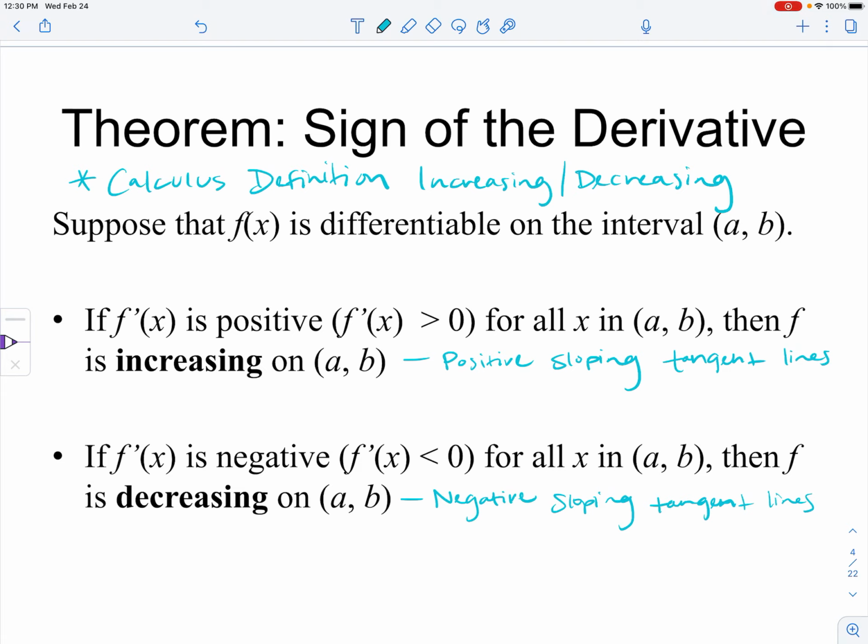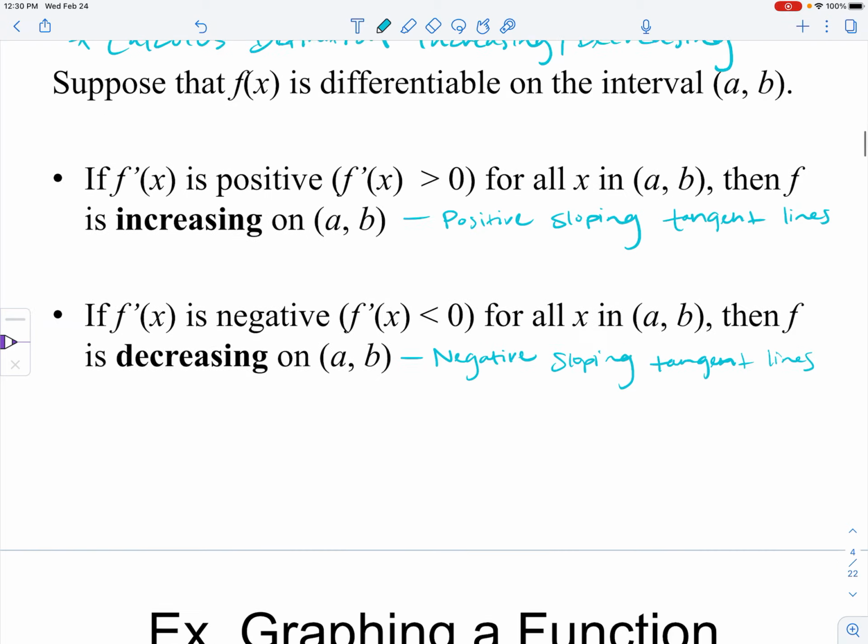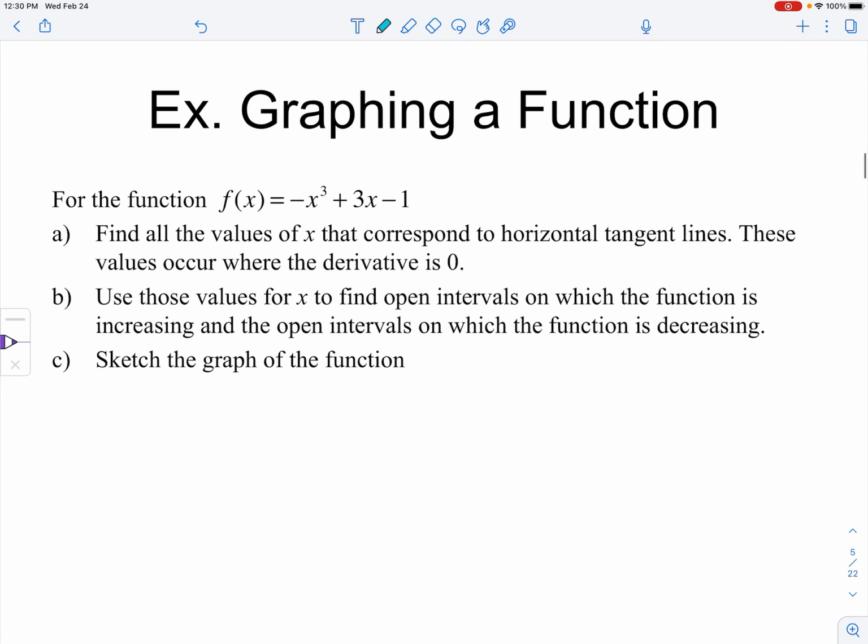And we'll fall back on our pre-calc definition of increasing or decreasing there. But sometimes, and we've studied different functions before, where I've asked you to identify where a horizontal tangent line is, the function might actually change from increasing to decreasing or decreasing to increasing whenever you do have a horizontal tangent line.